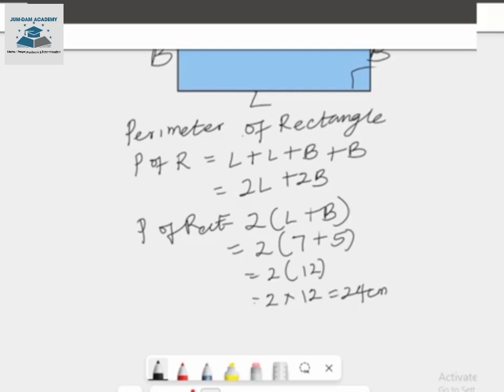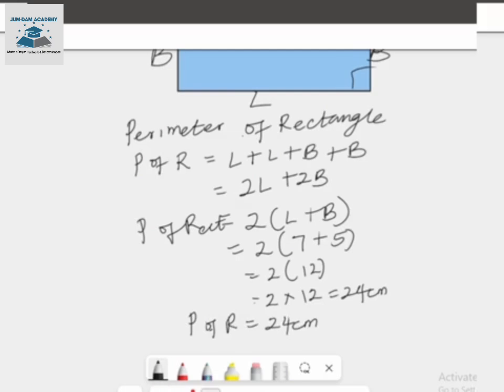Supposing I'm to measure the land mass or the perimeter of a land, supposing I want to measure the space occupied by your house and I'm measuring in kilometers or in meters, I will definitely leave my unit to be in meters or kilometers. I believe you understand. Therefore, perimeter of this rectangle, P of this rectangle, is equal to 24 centimeter.